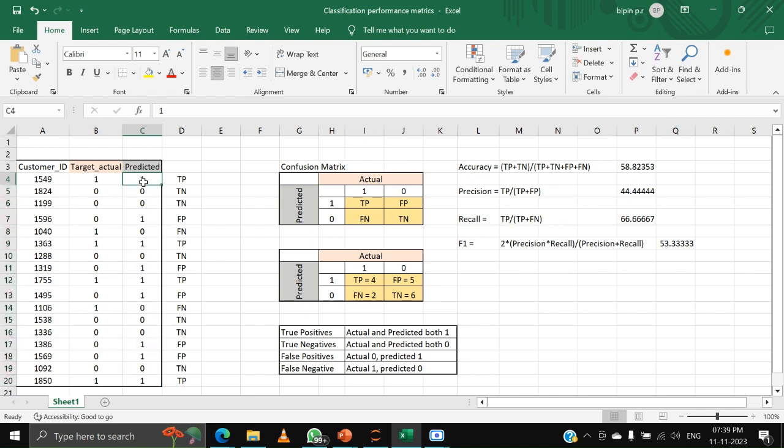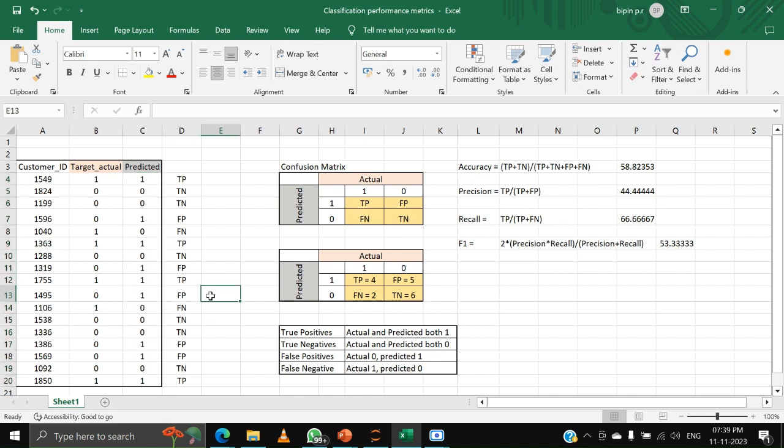May not be logistic regression. I have shown some of the classification algorithms like random forest, decision tree. It can be the output of any one of the classification algorithms. So assume that these are the actual outputs and these are the predicted outputs.